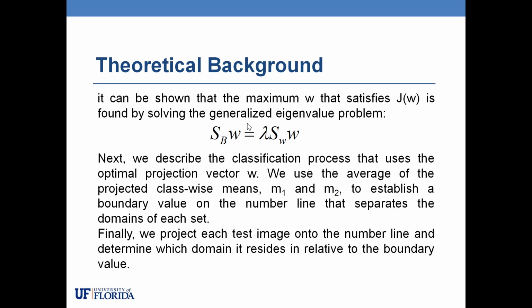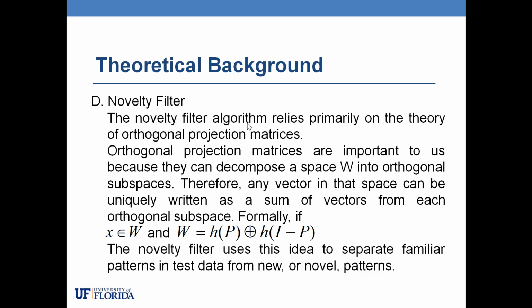Finally, we project each test image onto the number line and determine which domain it resides in relative to the boundary value. The final part of the theoretical background is the novelty filter.